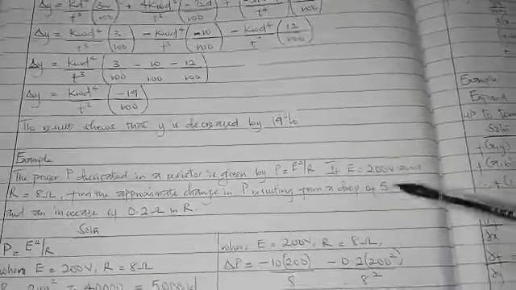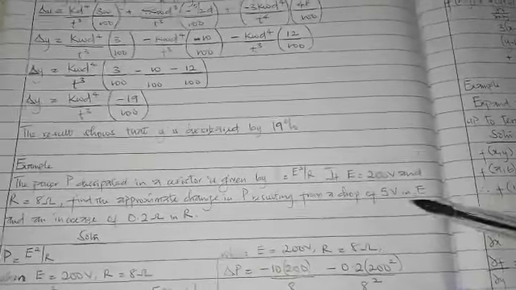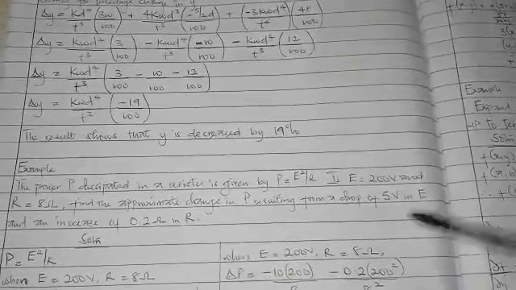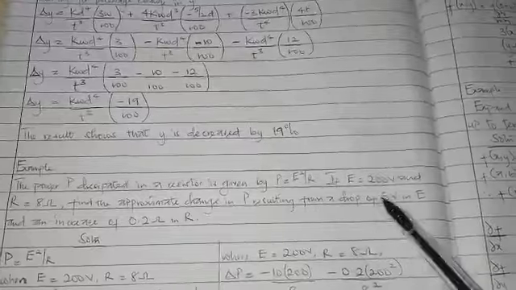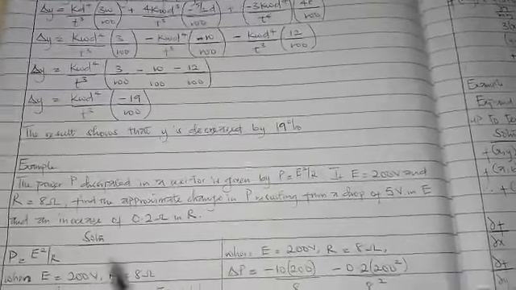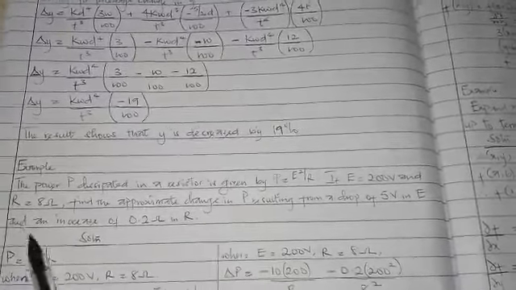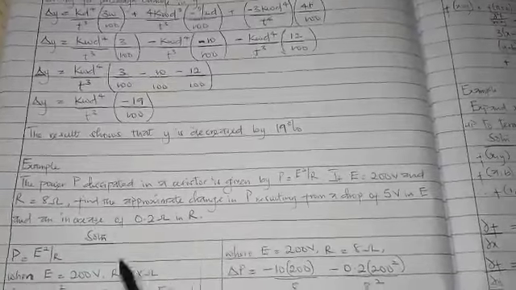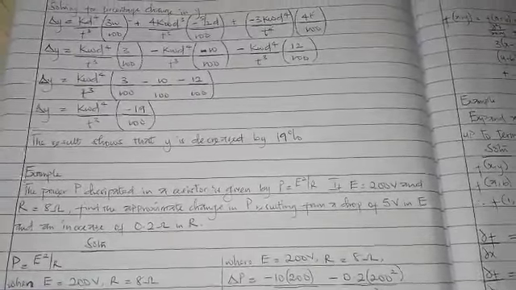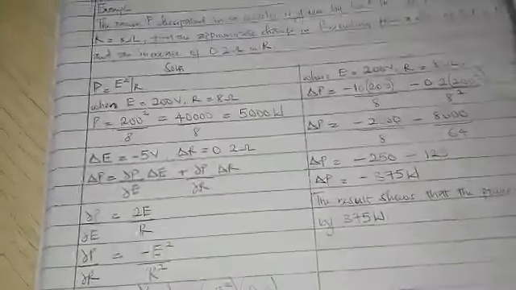And then it says find the change in P when there's a drop of 5 volts in E. So this is your delta E, and a drop should be negative, then an increase of 0.2 ohm in R. So that's positive 0.2. Alright, solution.